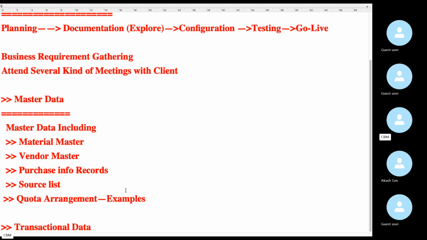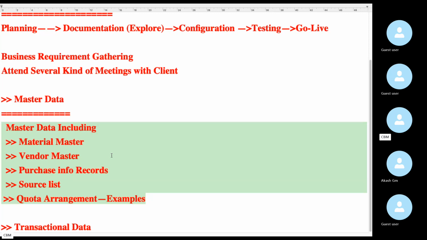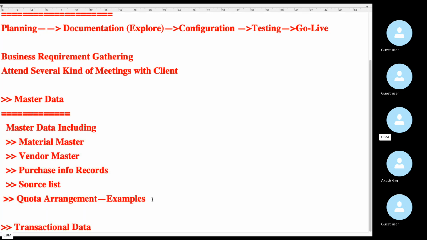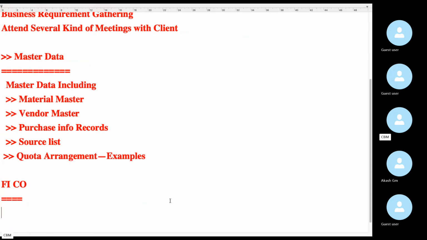So we need to ask for these master data details along with the transactional data details. If it is FI related, FICO, the master data means GL master, vendor master, customer master, asset master, bank master, and cost elements, cost centers, profit centers, internal orders.